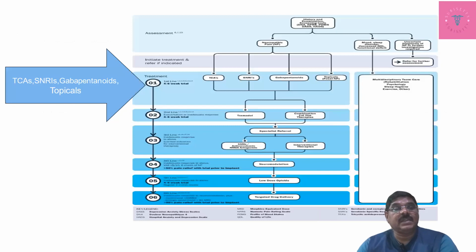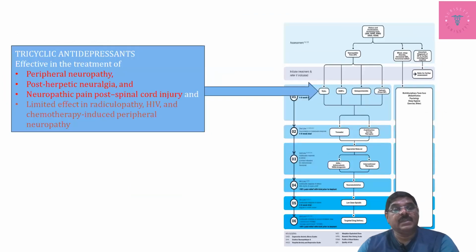So the first stage: tricyclic antidepressants, SNRIs, gabapentinoids, and topicals. These tricyclic antidepressants are usually effective in the treatment of peripheral neuropathy, post-herpetic neuralgia, and neuropathic pain after spinal cord injury, but they have limited effect on radiculopathy, HIV, and chemotherapy-induced peripheral neuropathy.